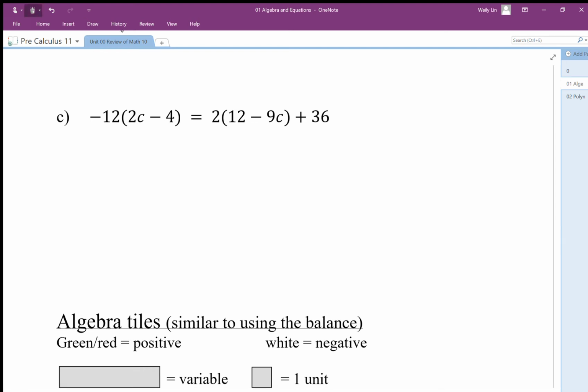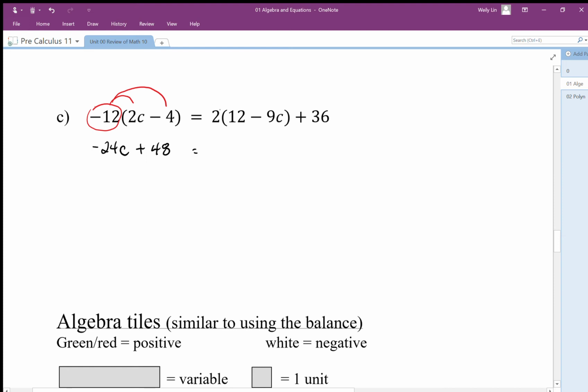I'm not going to do that, so I'm going to multiply out the brackets, but make sure that when we multiply out the brackets with negatives, we're really careful with multiplying out those negatives. So that negative 12 becomes negative 24 c's. Negative groups of minus 4 is plus. We're going to add 12 groups of 4.